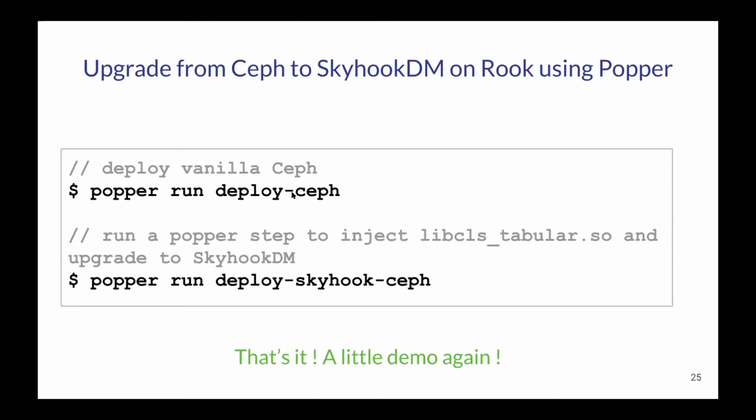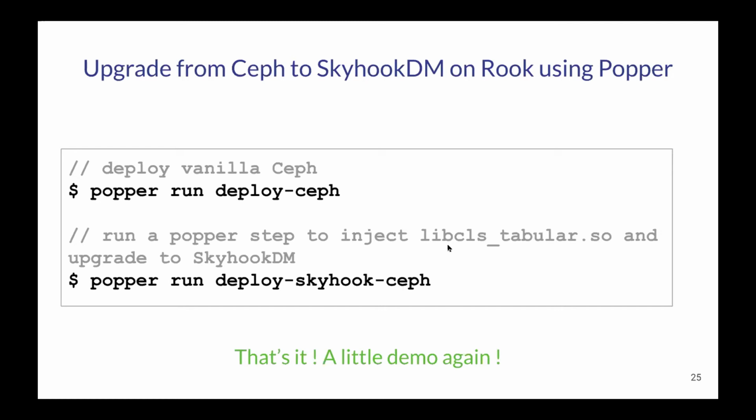As we have seen, this step deploys a vanilla Ceph version. After we have built the Skyhook Ceph version in a similar manner, in the workflows that we saw a few slides back, you can just run this deploy Skyhook Ceph step, and it will automatically upgrade each of the daemons to use the Skyhook Ceph version without you doing anything.